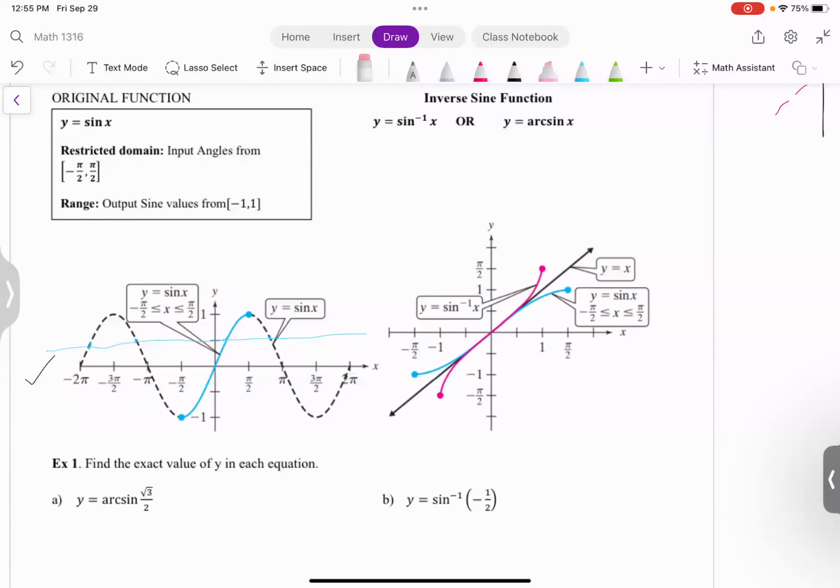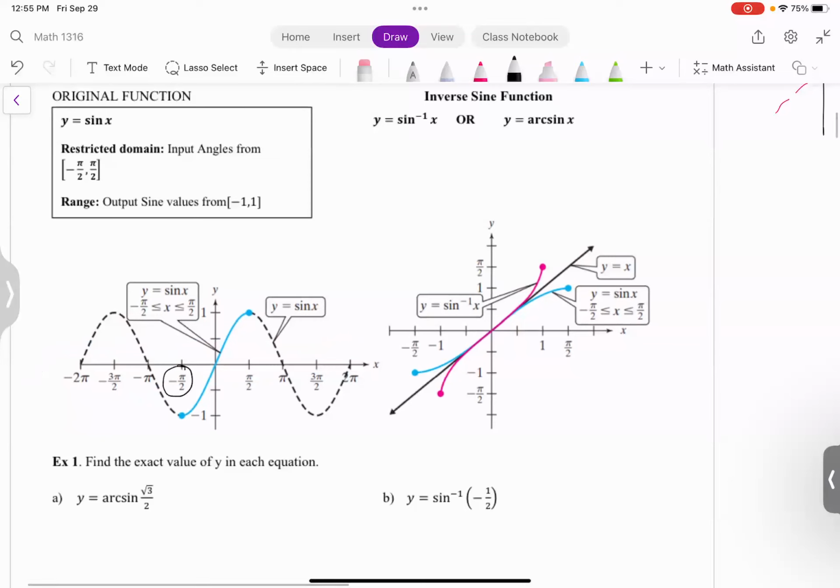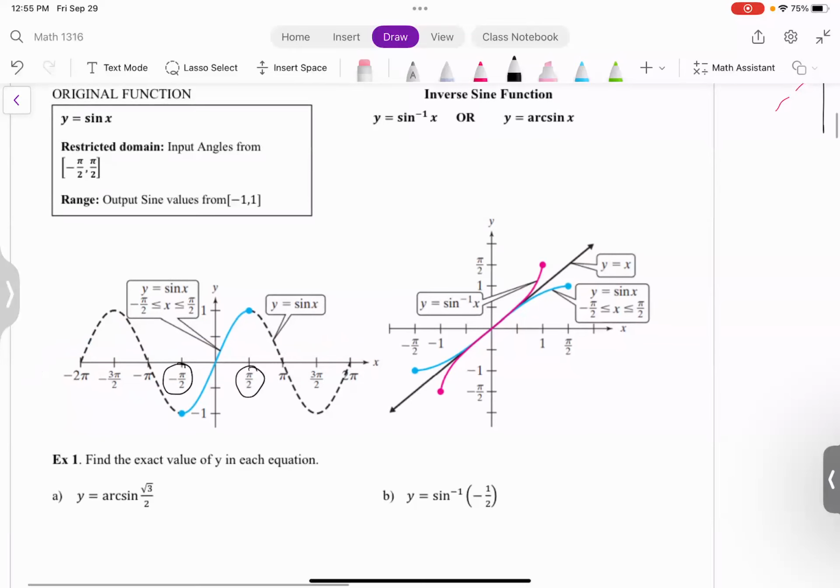The sine is not a one-to-one function, but I still want to find the inverse of the sine function. Can I limit the domain to the interval between negative half pi and half pi? So I will not look at this whole graph.